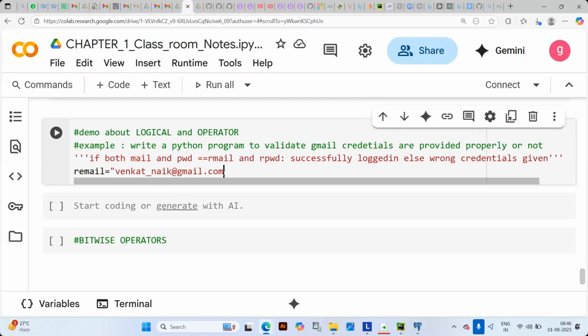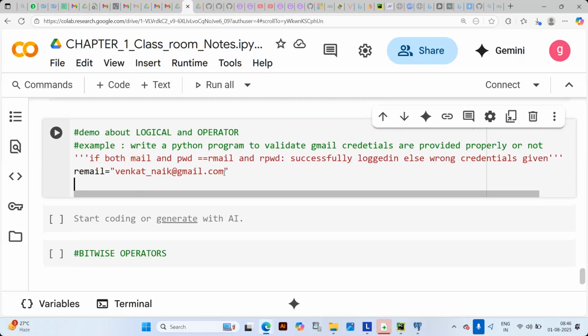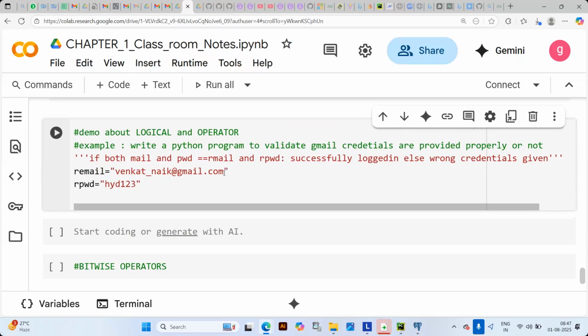This is the mail ID I'll be taking at the time of registration. For the first time, whenever you create a mail ID, you might have created it like this, right? And the registration time password, generally we connect with a database and then validate it. Let's suppose I'll take the password as HYD123.